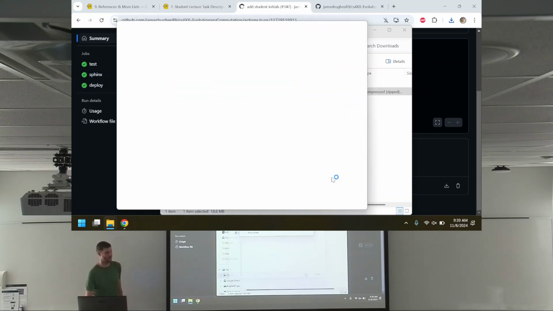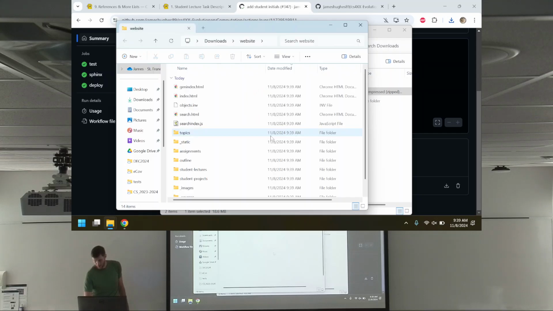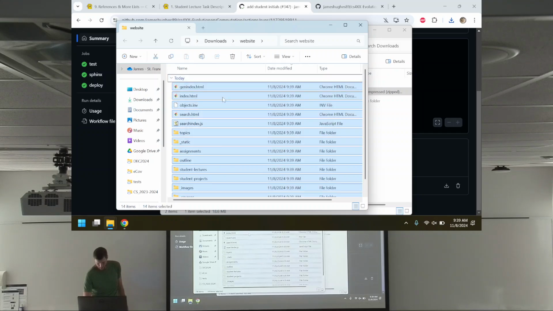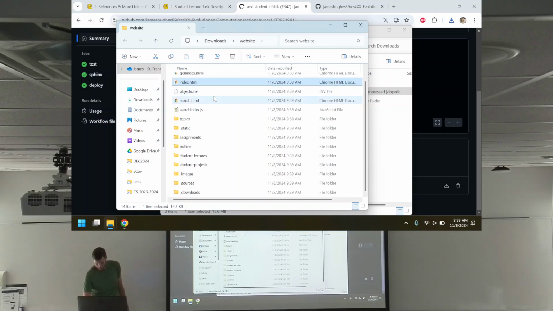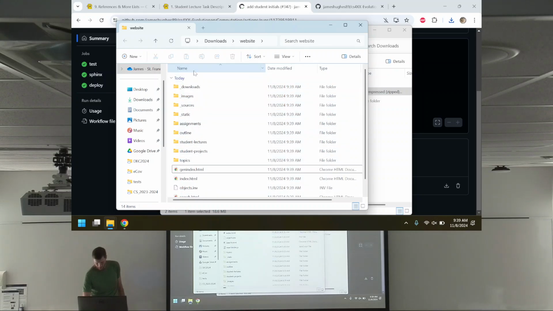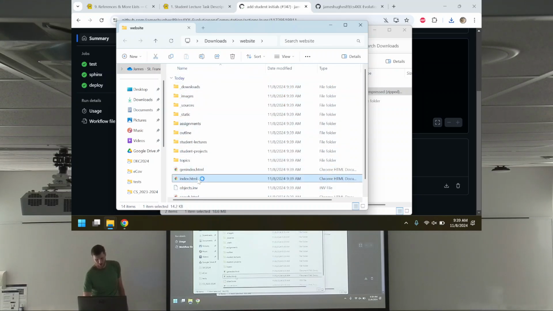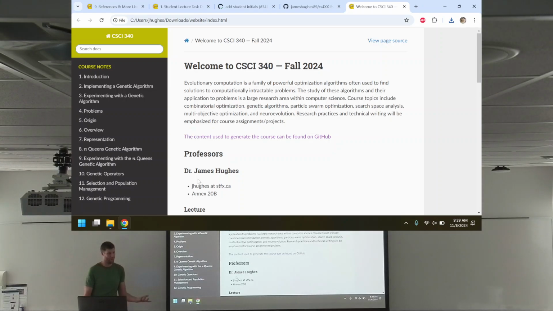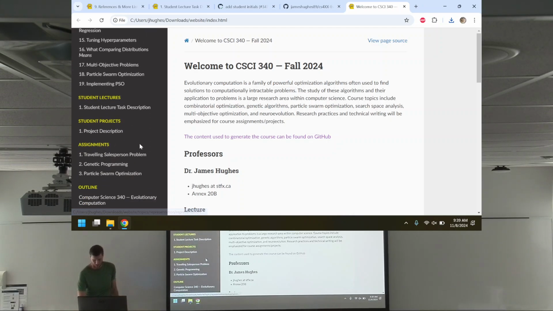Must be a lot of small files. And there we go. Then all you have to do is open the index. Index will be the whole web page, except this is not online, it's just saved locally. You can navigate the website locally and go check your student lecture and whatnot.